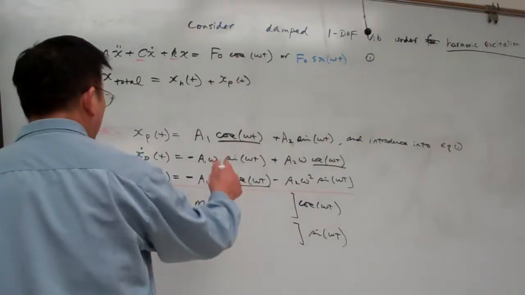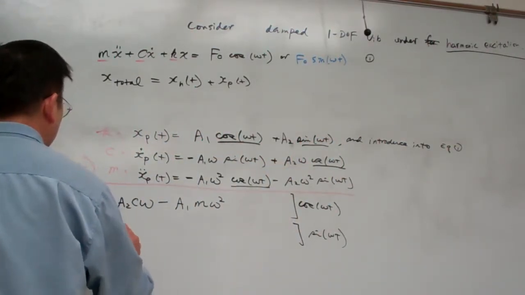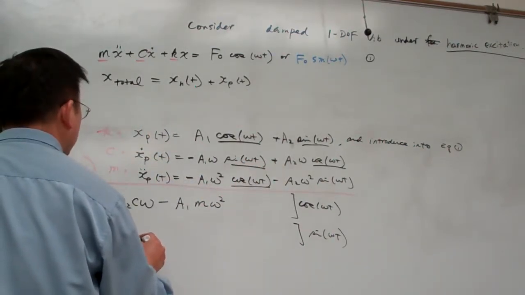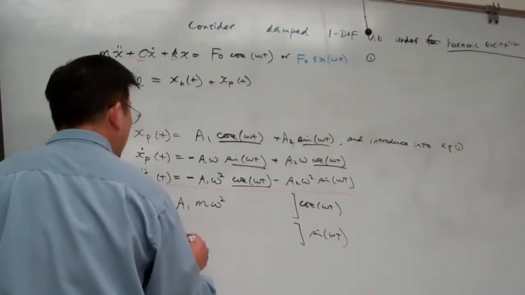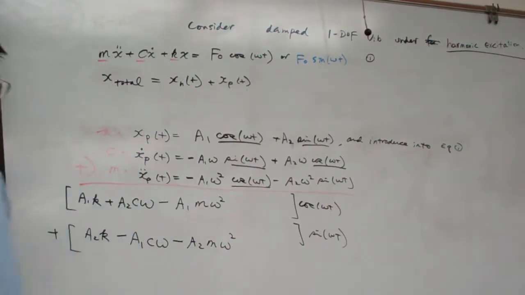And then for sine, we have A2 k minus A1 c omega minus A2 m omega squared. So that's it.